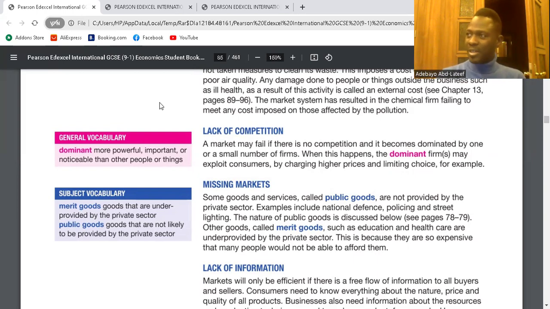So if in the market, those that are large are trying to sabotage new firms or making a barrier into that market, it becomes illegal for them to do. Do you understand? Yes. So the government will make these barriers illegal.